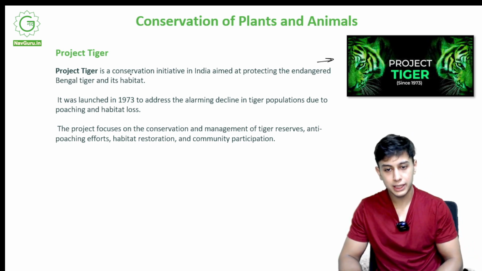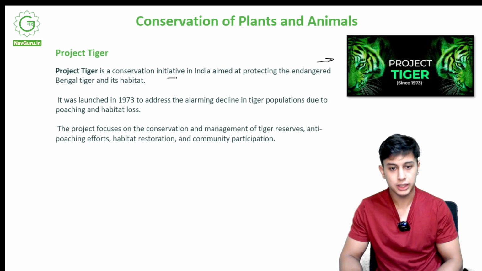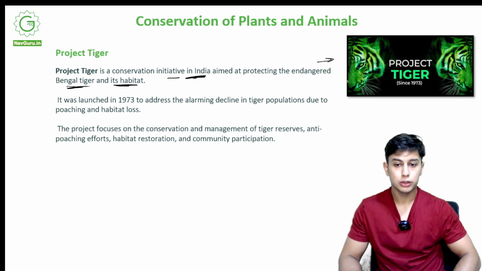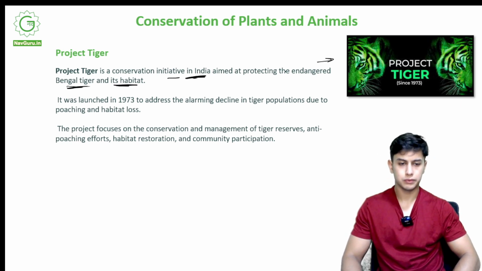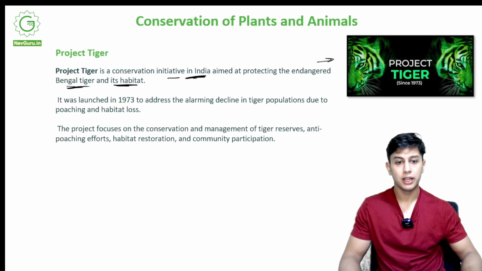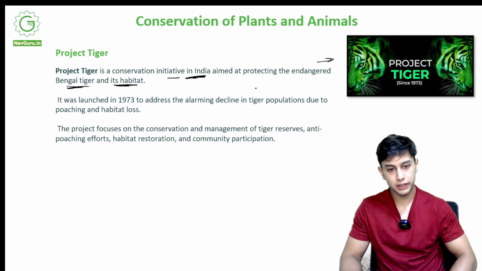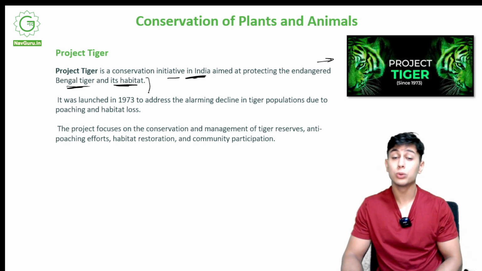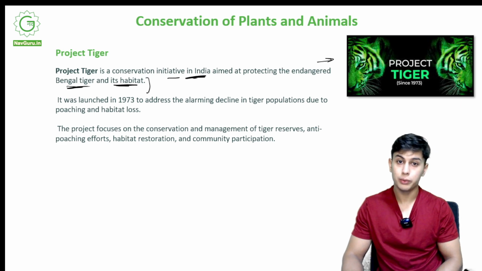Project Tiger is a conservation initiative in India aimed at protecting the endangered Bengal tiger, the Royal Bengal tiger, and its habitat. The Royal Bengal tiger is a very big animal, a ferocious predator and a very beautiful creature, and we do not want it to lose its habitat.